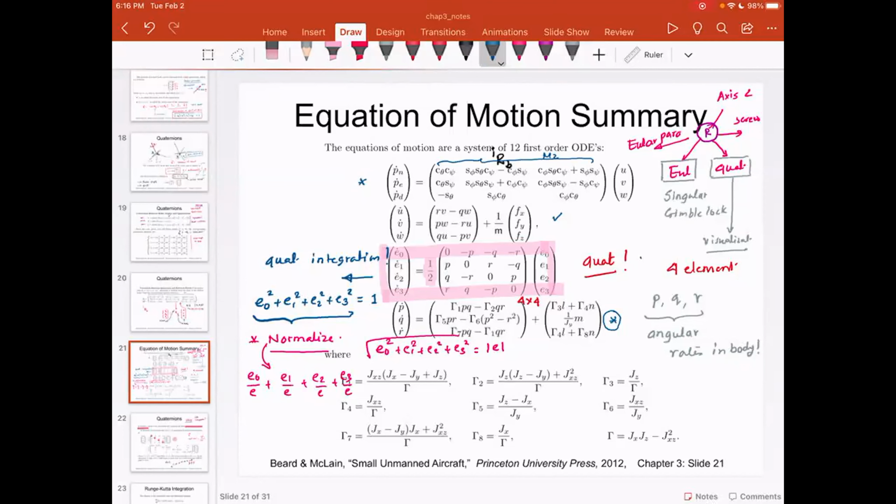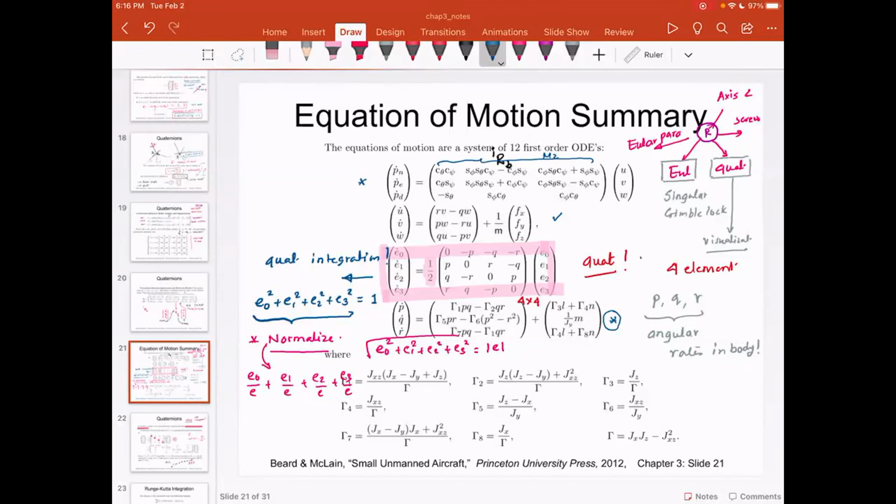We are going to use these values of P, Q, R at every time step to integrate or propagate the Quotonian from the initial Quotonian all the way to the end time.